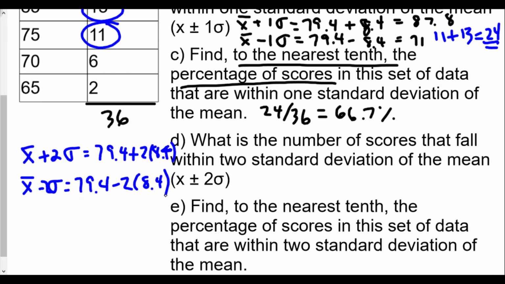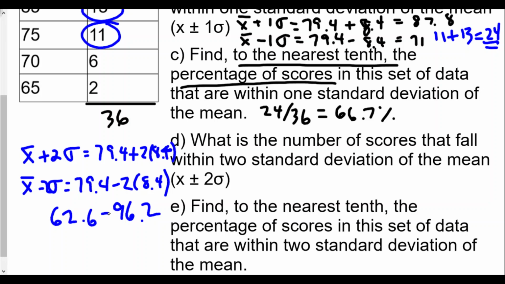That's our top number. Now we'll do the bottom number, 79.4 minus 2 times 8.4, and we get 62.6.